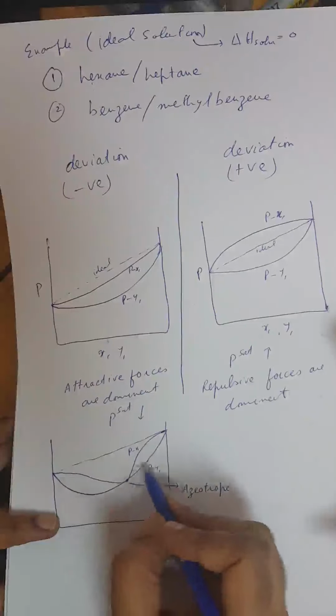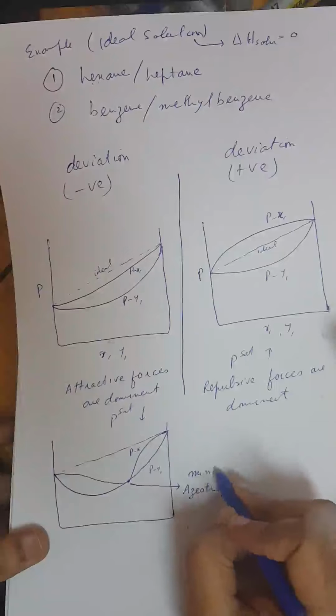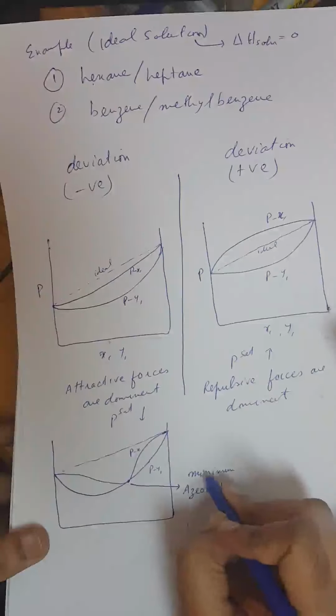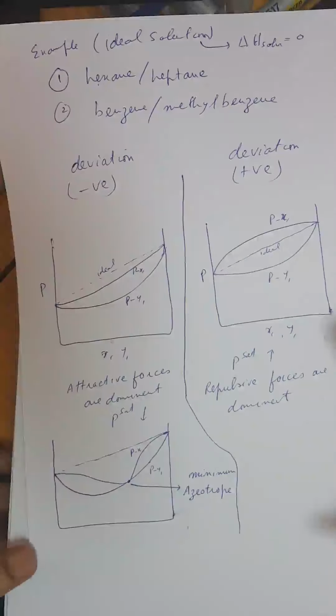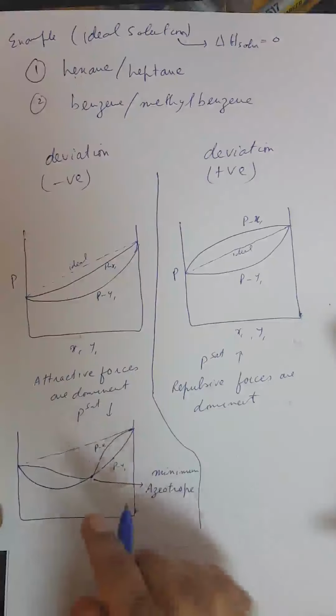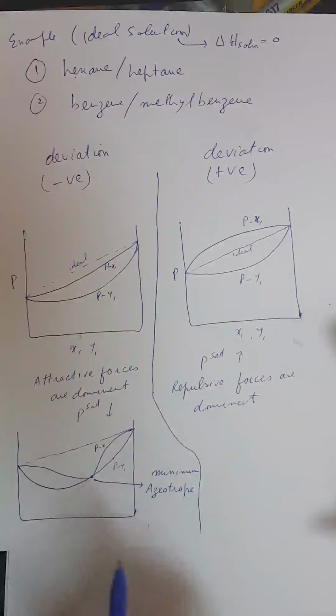When your x line and y line bisect at one point, this is called azeotrope. And if it is on the negative side, we will call it minimum azeotrope.